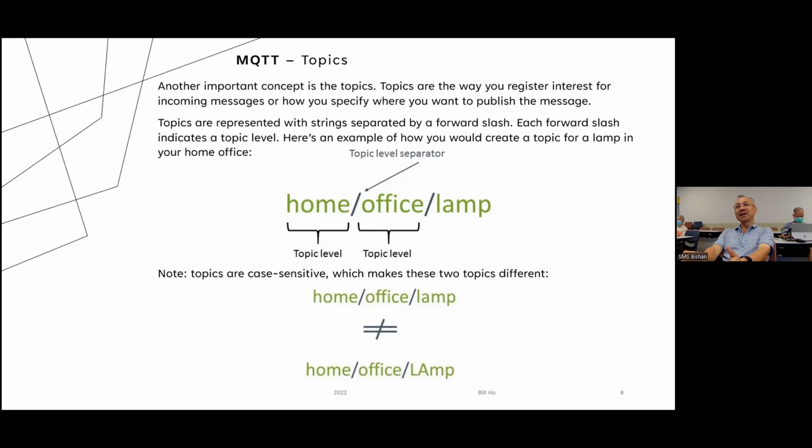Topics are represented by a string separated by forward slashes. Each forward slash indicates a topic level. For example, this particular one, home/office/lamp: you have home as the top level, office as the second level, and lamp as the third level. And topics are case sensitive.